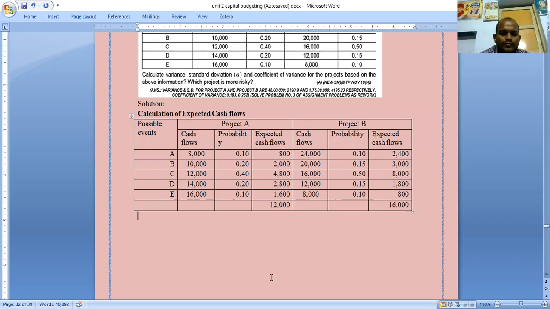So now we have to calculate the variance. Variance, that is sigma square.